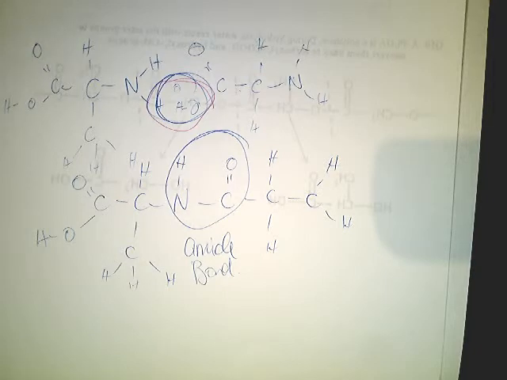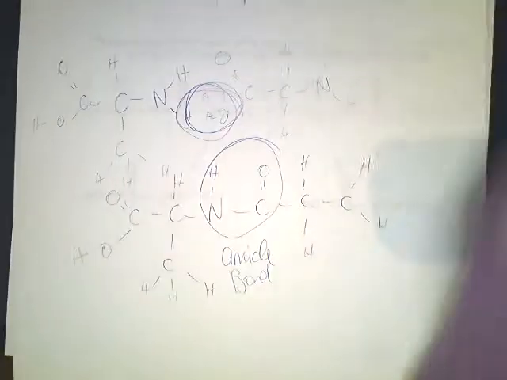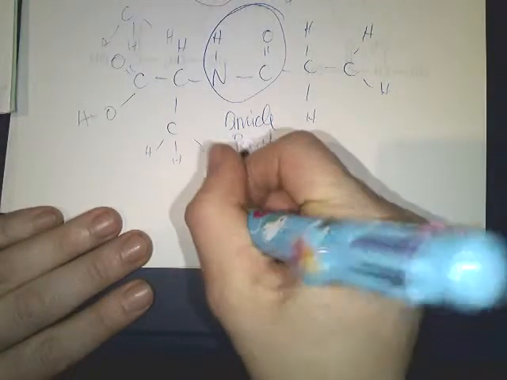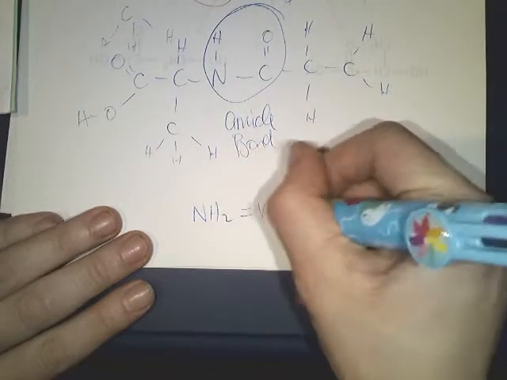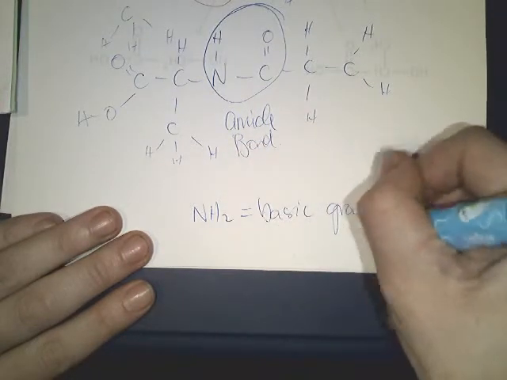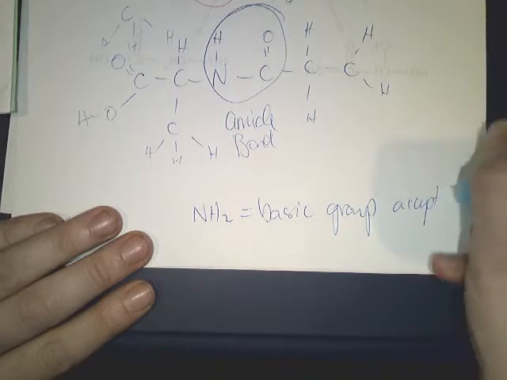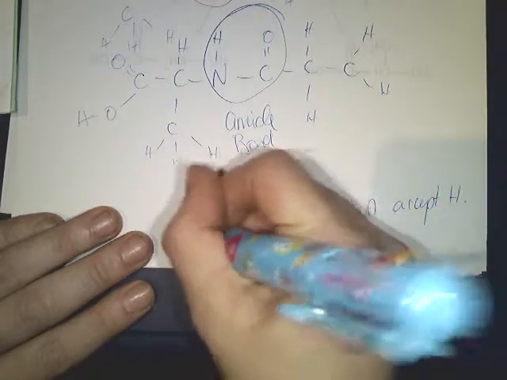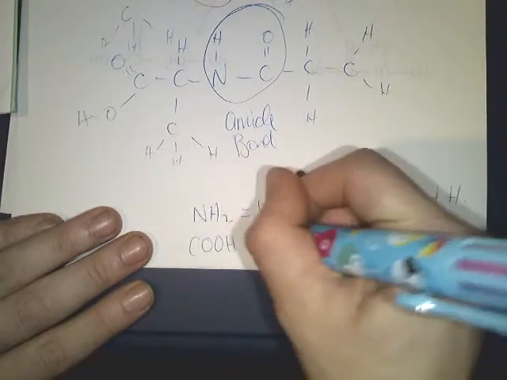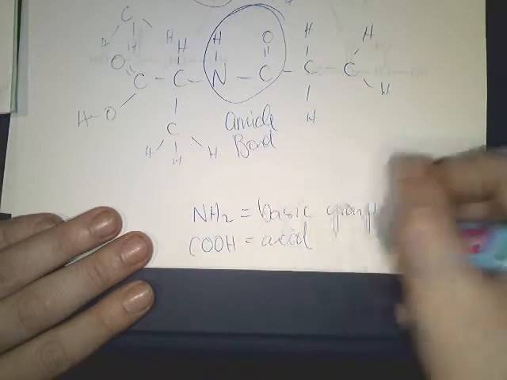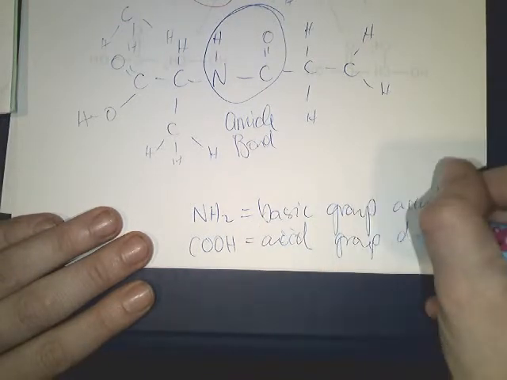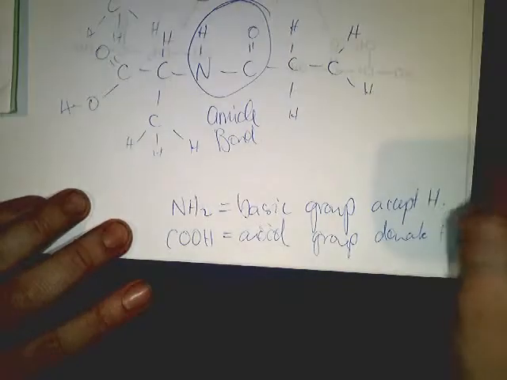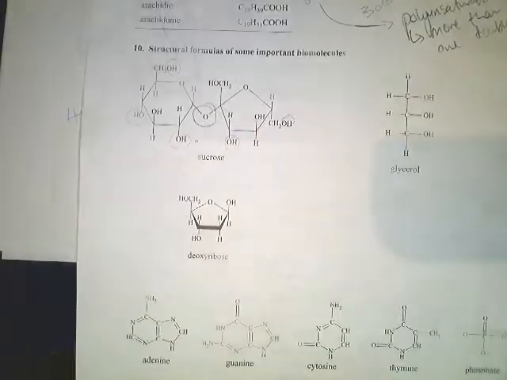Another thing you need to know about amino acids is their acidic and basic properties. The first thing you have to know is that the NH2 group is a basic group. It can accept a H. And you need to know that the COOH group is an acidic group which can donate a H, okay, to become the conjugate base.